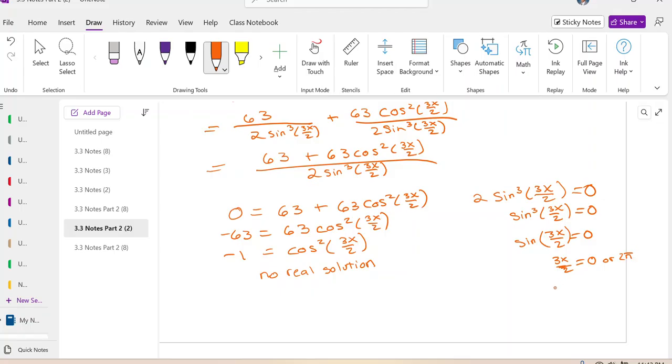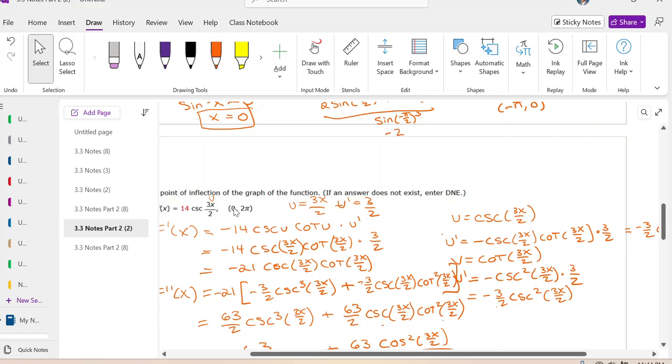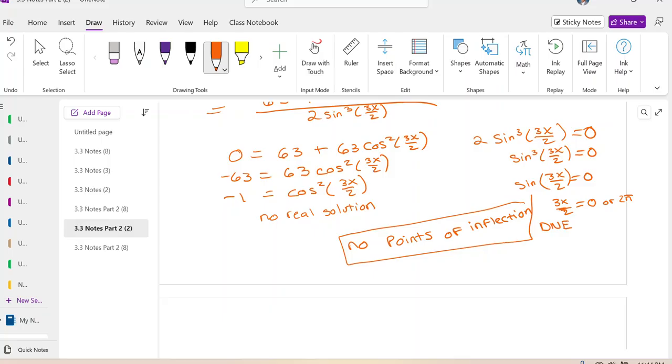So therefore, this doesn't exist as well, which means there are no points of inflection. It only makes it undefined here at 0 and 2 pi, and they're not part of the interval, so there are no points of inflection that exist for this function.